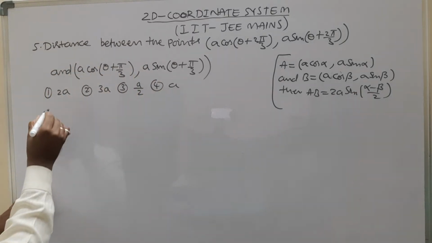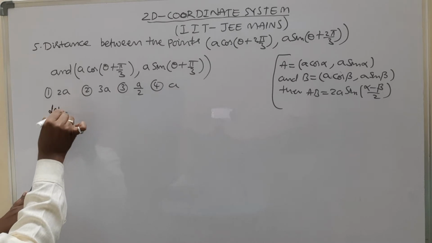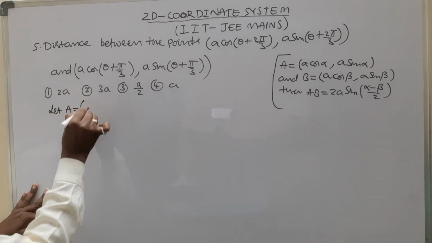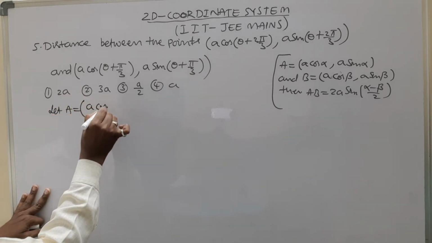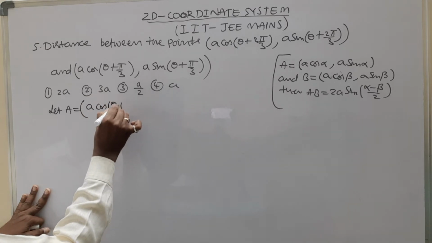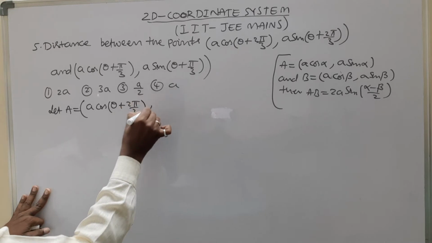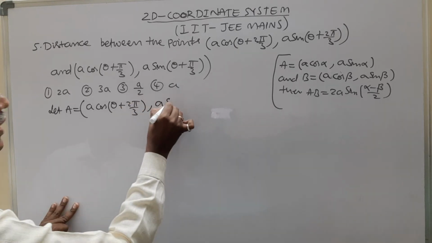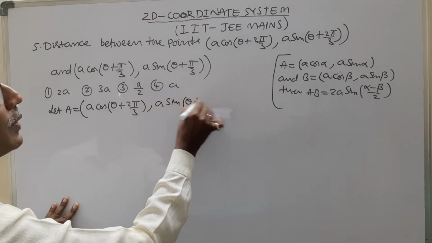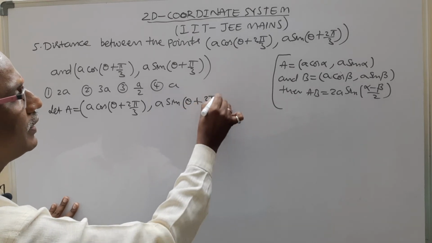Here let capital A equal (a cos(θ + 2π/3), a sin(θ + 2π/3)).